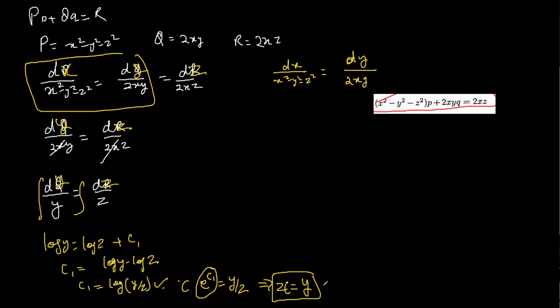Now see, z is equal to y by c, right? Put it here. y square by c square, 2xy, right?